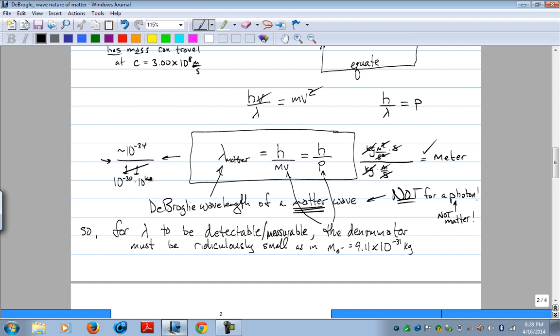There you would have a wavelength on the order of 10 to the minus 34 divided by 10 to the minus 24, around 10 to the minus 10 meters, which is around the wavelength of an X-ray or a gamma ray, which certainly are detectable.